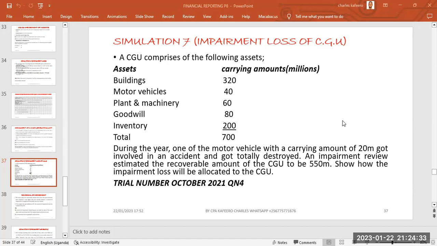In other words, we can't easily determine cash flows or the value in use. The only way we can do it is by grouping these assets together as one asset, since we can't easily determine the amount of money that can be contributed by each item within the group of assets.